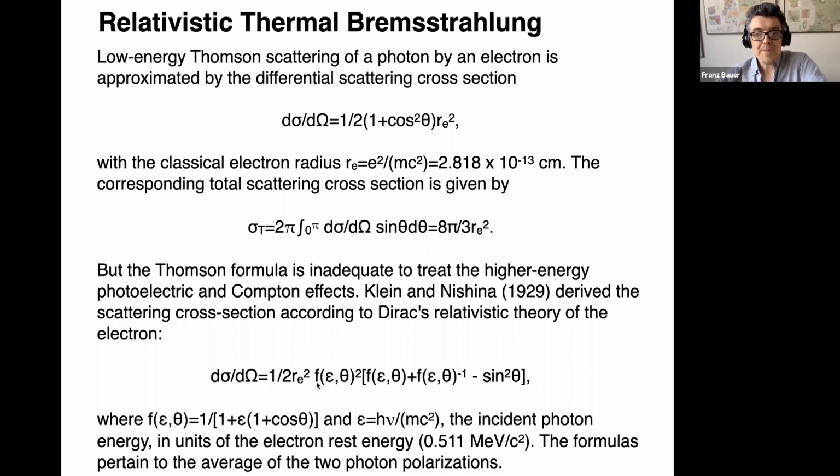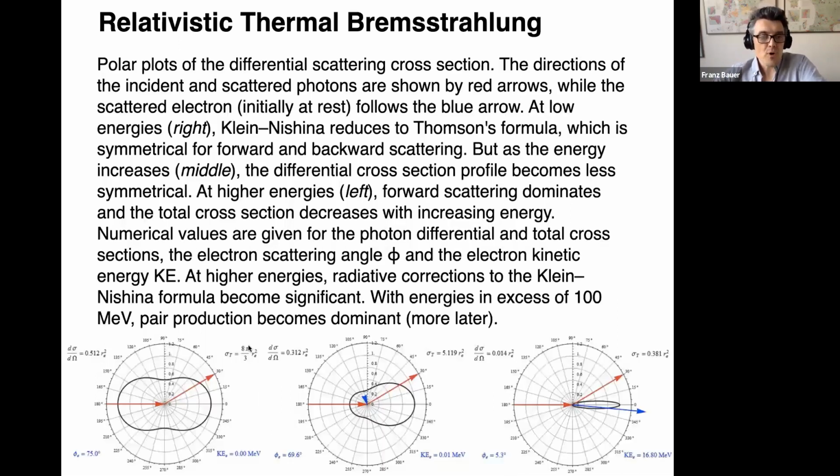So this extra factor, though, deals with the beaming effect. And so these are polar plots showing the cross-section as a function of solid angle, and it shows a particular scattering angle, and then the total cross-section.